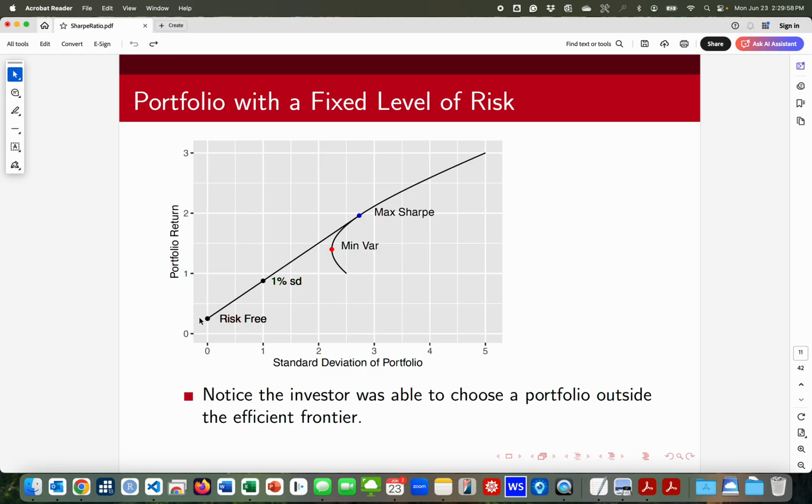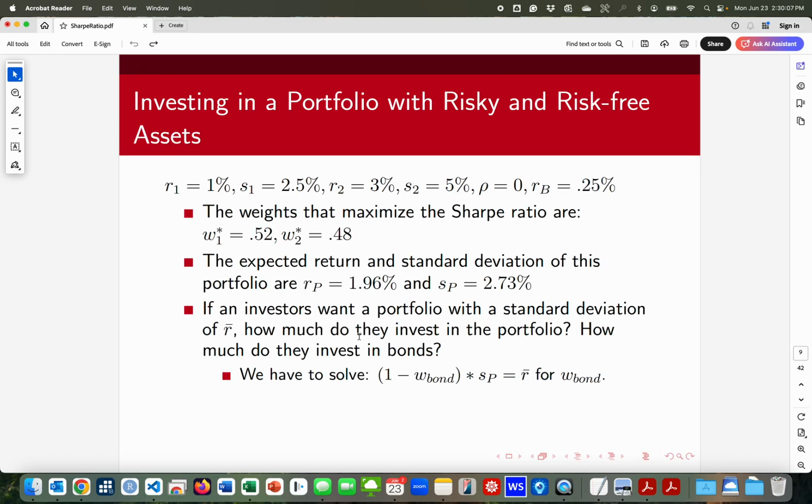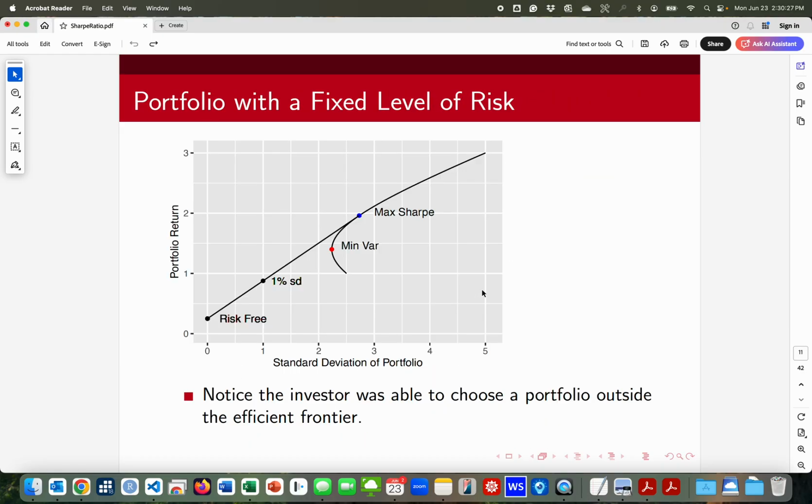Again, they can choose any desired level of risk between 0 and whatever. What did we get here? 2.73%. Yeah, 2.73%. So they can choose all their money in the tangency portfolio. They get this return and this standard deviation. They can choose the bond and get a return of 0.25% with no risk, or they can choose any combination that connects those two things together.